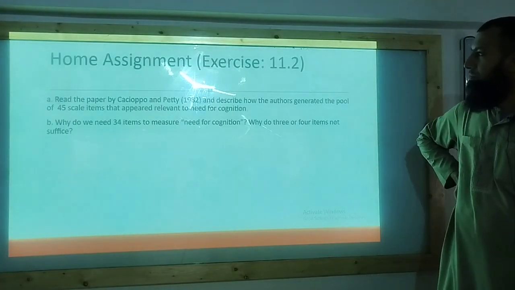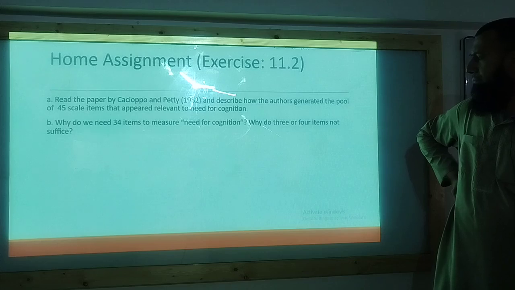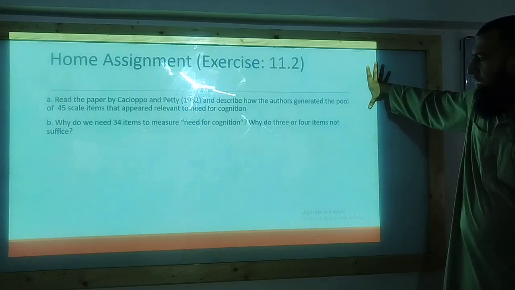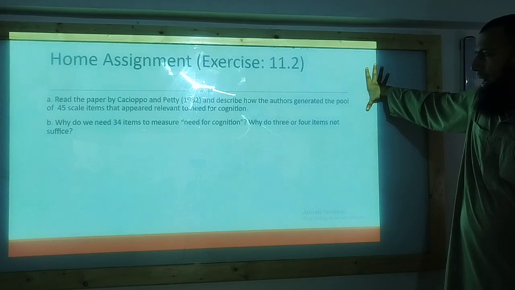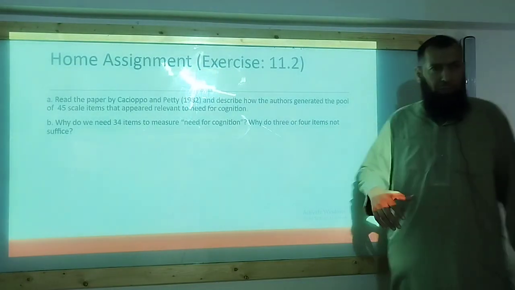Next. This is your home assignment. Why do we need 34 items to measure need for cognition? Why do 3 or 4 items not suffice? Okay? Let me tell you briefly about it.